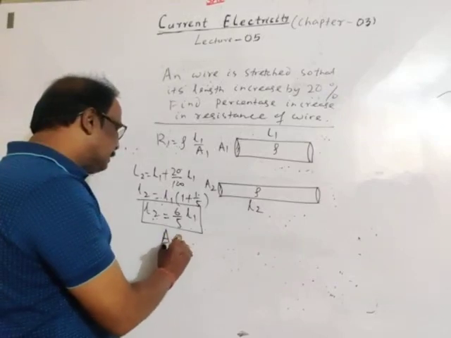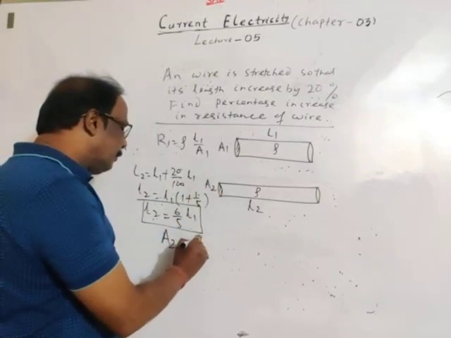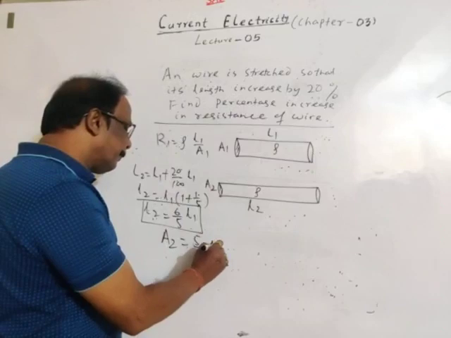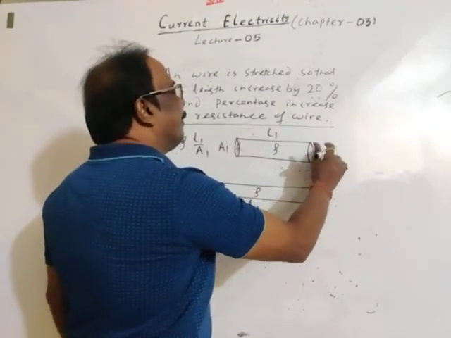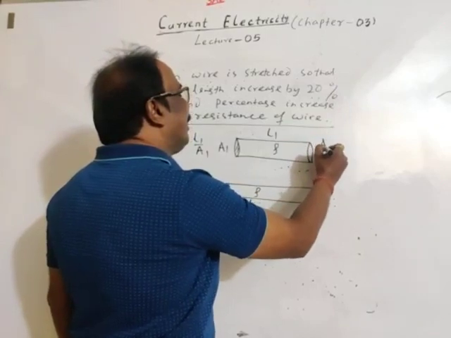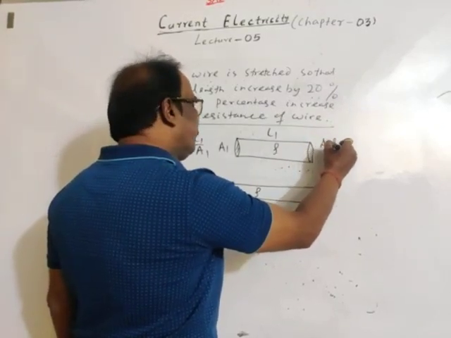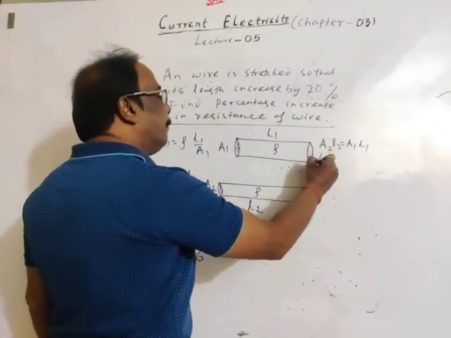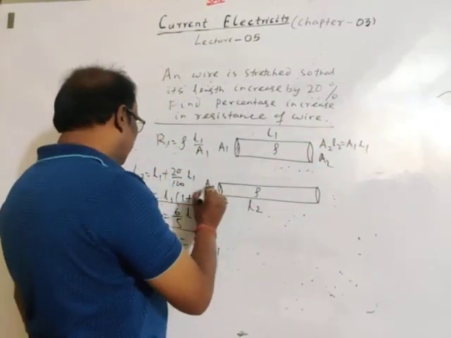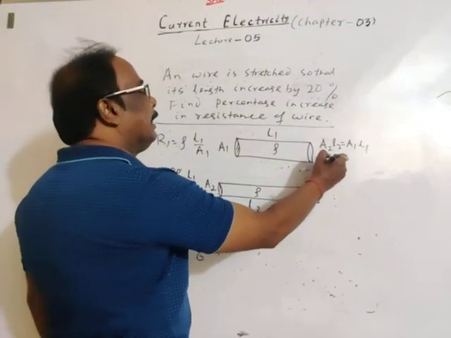Obviously, final area will be 5 by 6 of the initial area. For your clarity, I am writing A2 L2 is equal to A1 L1. Final area is A2, final length is L2.